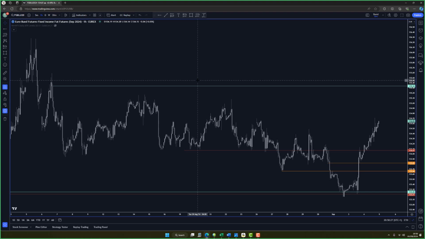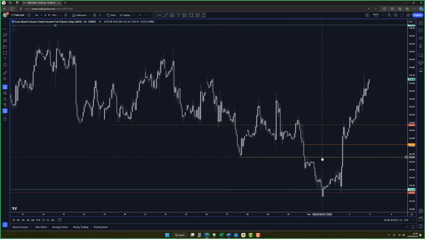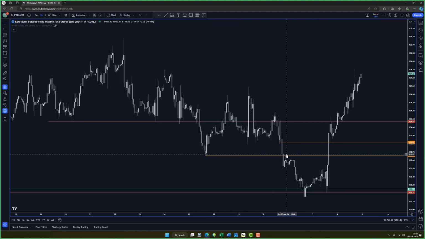Another area I like, which is actually this time below market, is back down here at the 66s. What I would do is refine that slightly to this little high, and that's at 67s. But that area there is very pivotal. We know it's pivotal because it's color coded orange, which means it's a daily level.